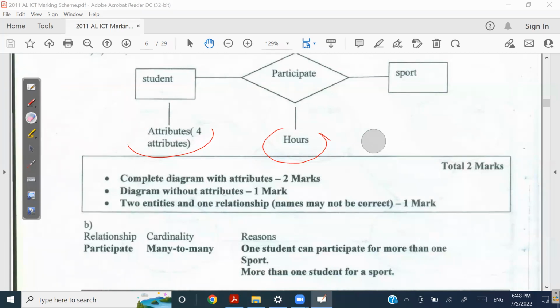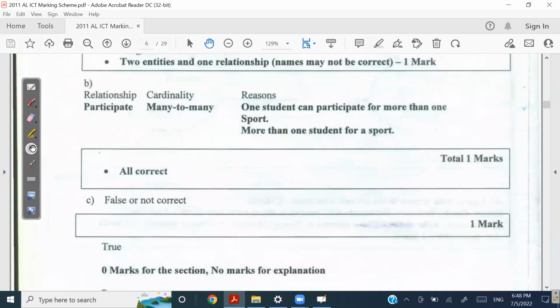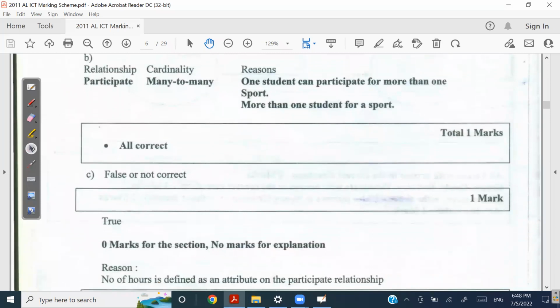Then after, they are talking about, we have done these things earlier, but I'm going through. They are talking about filling out a particular table. So there are 3 columns, which is relationship, cardinality, and the reason. So relationship name should be there, saying participate.